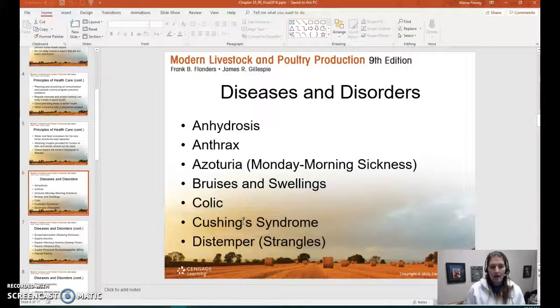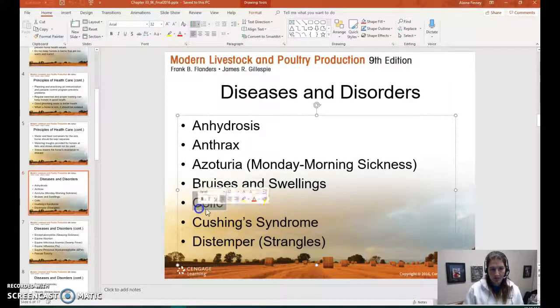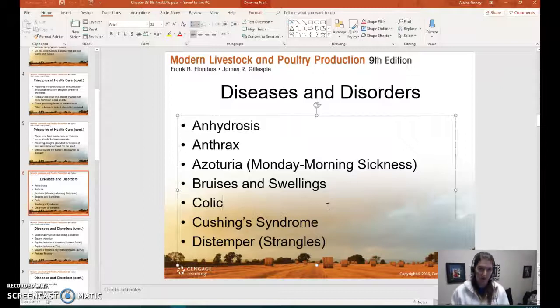And so colic is the number one on this slide that definitely affects most horses. Colic is basically where their stomach has way too much gas in it, and horses cannot regurgitate, so they cannot throw up. If they eat something bad or eat something that causes their tummy to hurt, they're not like us. They can't just throw it up, and they're not like a cow that it goes through 4 different stomachs before it goes out.